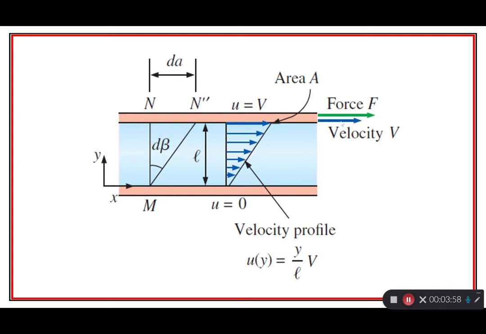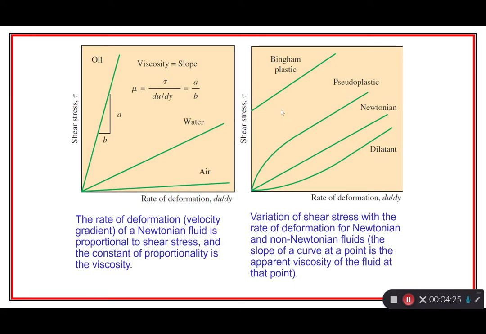There's a force that's causing this velocity. And at the interface between the plate and the liquid, there's an area, and that force and that area are in line with each other, right? That's the idea behind a shear force, or a shear stress. Anything that's shear means the forces are aligned with the plane we're looking at, right?